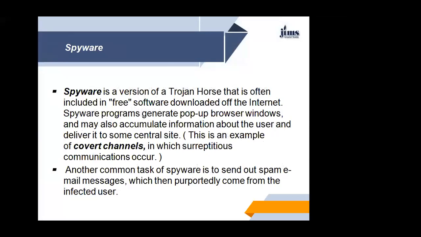This is an example of covert channels, in which surreptitious communications occur. Another common task of spyware is to send out spam email messages which then purportedly come from the infected user.